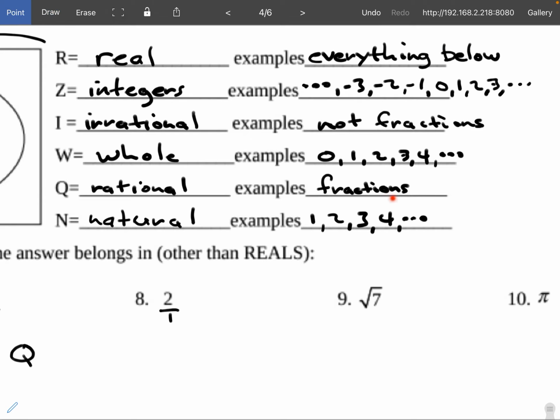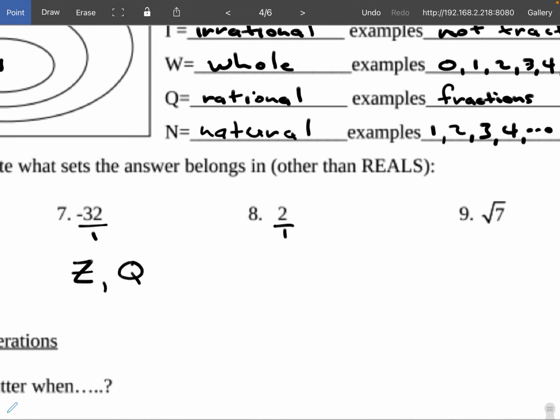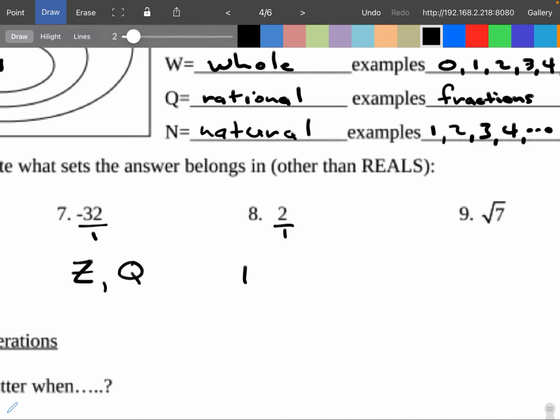So that means it's in here. So what are all the symbols I need then? I need the natural, the whole, the integer, and the rational, right? So that one's N, W, Z, and Q.